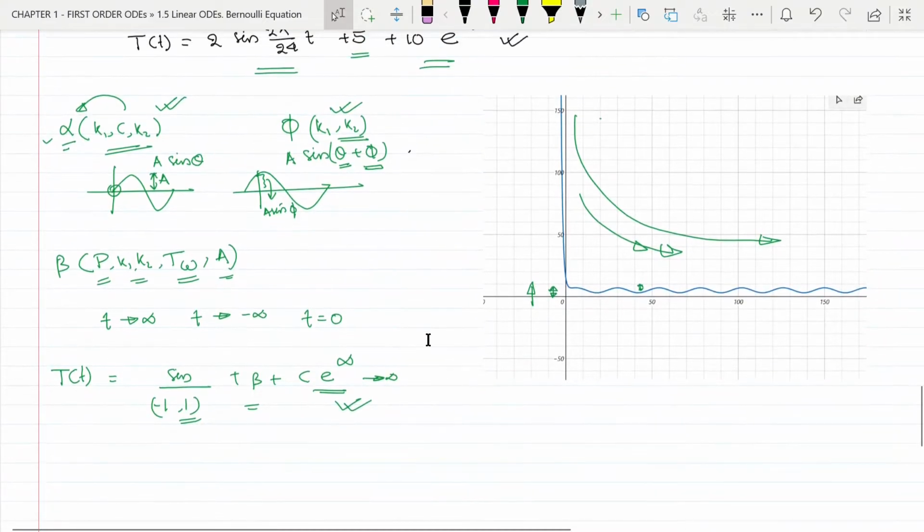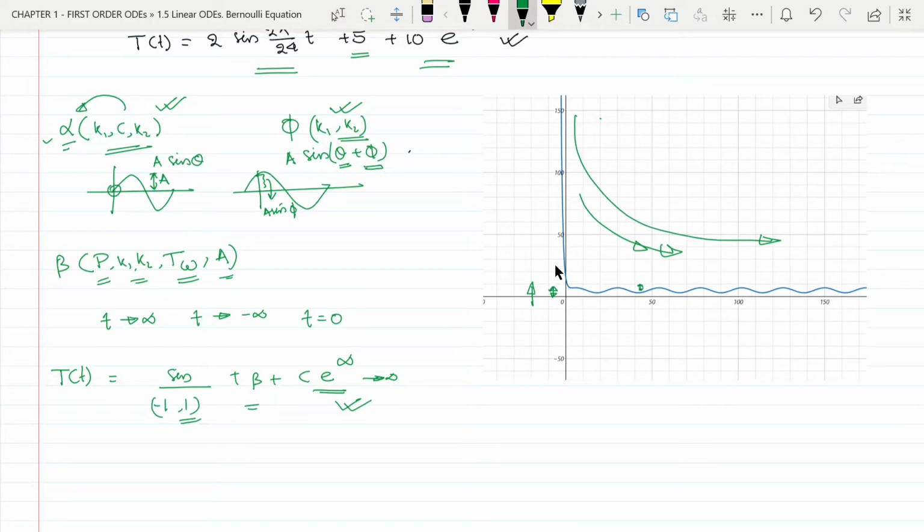So that is why when time tends to minus infinity, this graph suddenly rises towards plus infinity, because c e to the power infinity tends to infinity. And since this value is very high compared to the sine term, oscillations are not observed in the negative part of the x-axis, because this term is very large compared to the sine term.